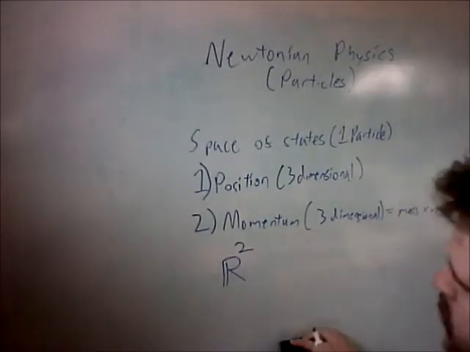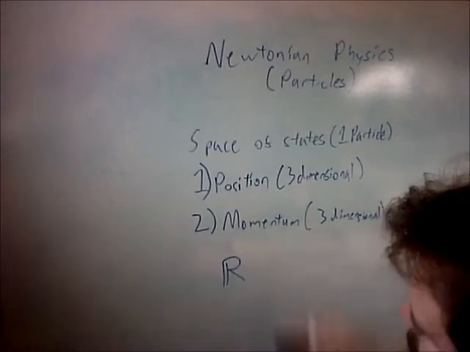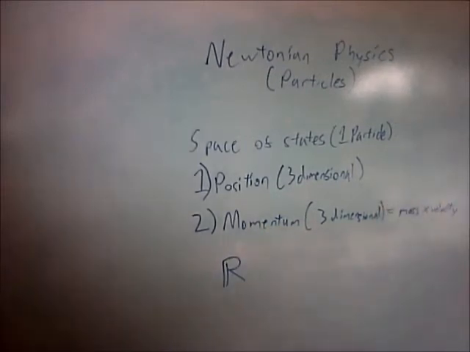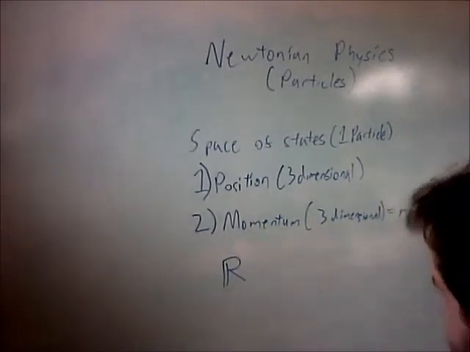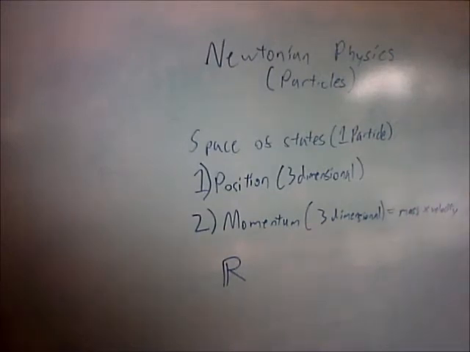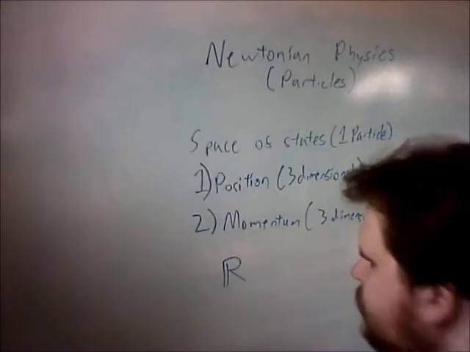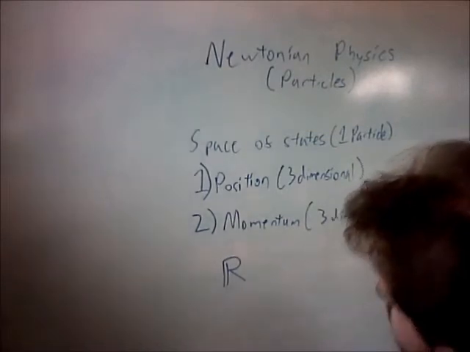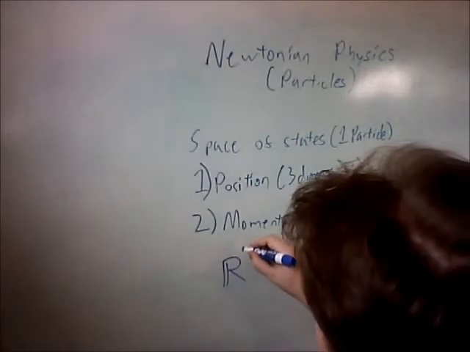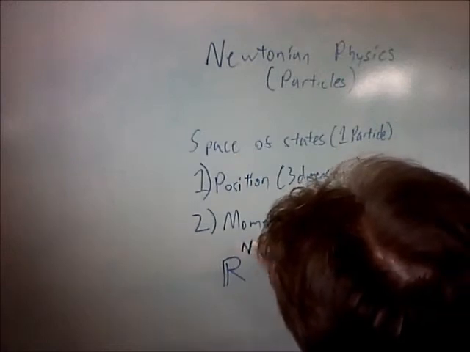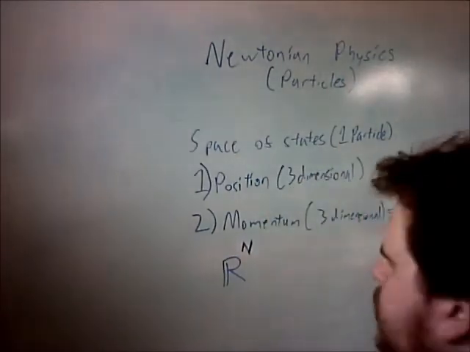Now, in general, if you want a space which is a flat space that goes on forever in every direction, an ordinary flat space with a nice trivial topological structure, then if you want an n-dimensional space, it's just R to the n. And what is R to the n?